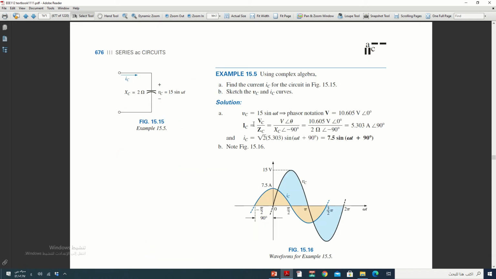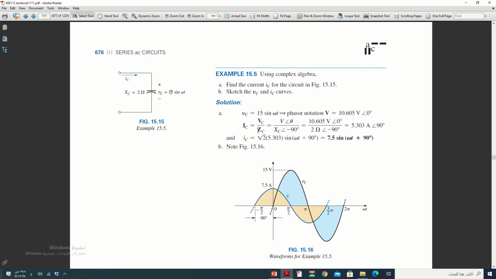Okay, let us see an example here. It is similar to any example before. Here we have VC equals 15 sine omega t. We will divide 15 by root 2. It will be 10.6 with angle 0.